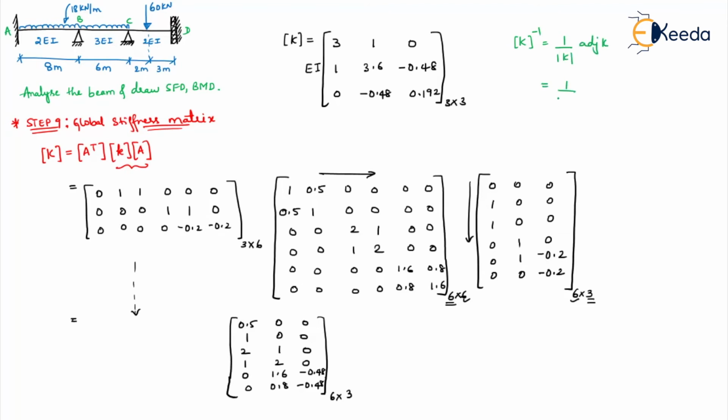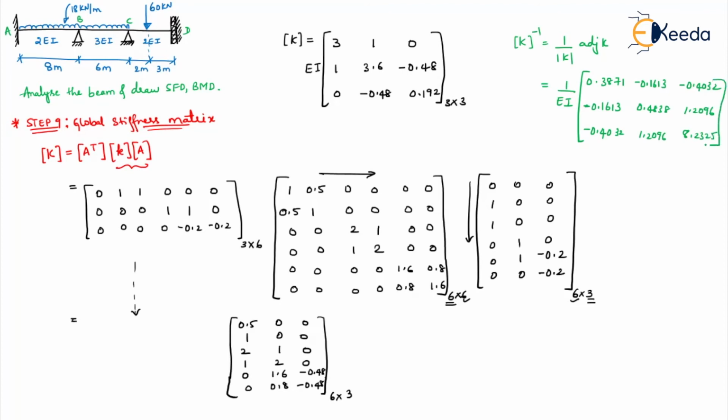So what will be the value? 1 by EI into 0.3871, minus 0.1613, minus 0.4032, then minus 0.1613, 0.4838, 1.2096, minus 0.4032, 1.2096, is going to be 8.2325.